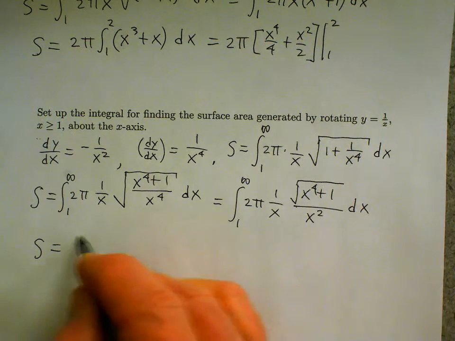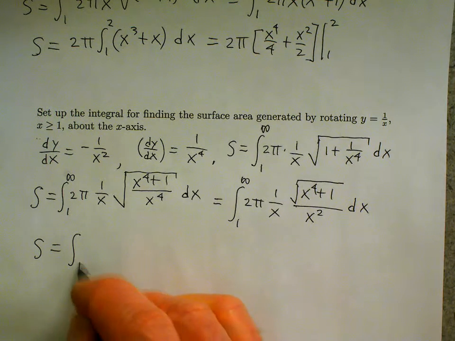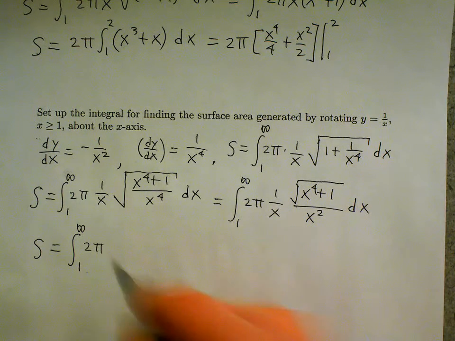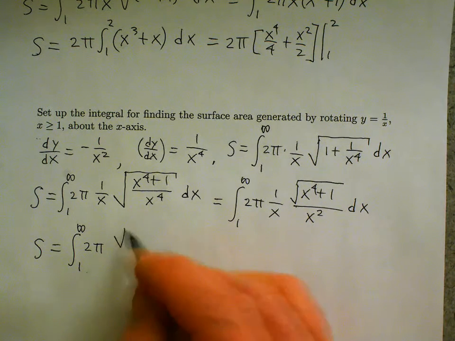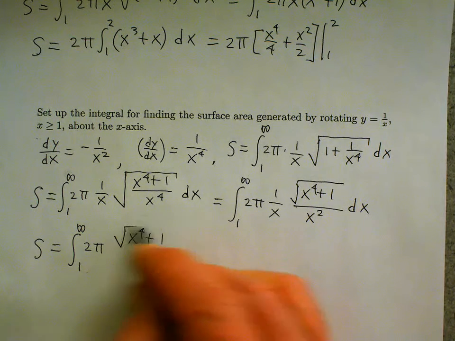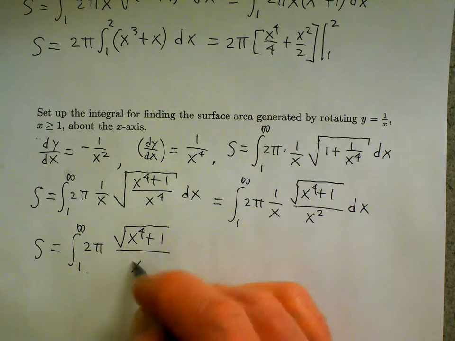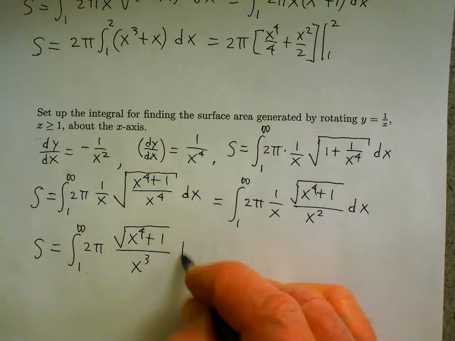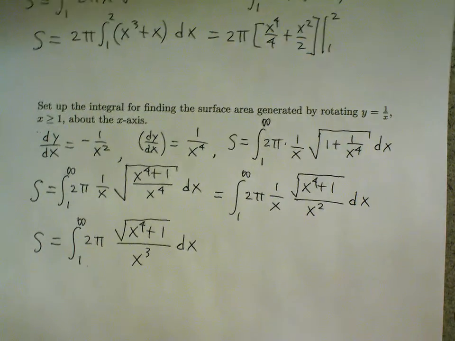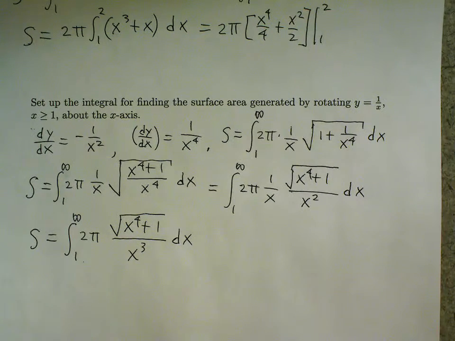So the next step, the improper integral from 1 to infinity of 2 pi times the square root of x to the 4th plus 1 over x to the 3rd. This is an improper integral.